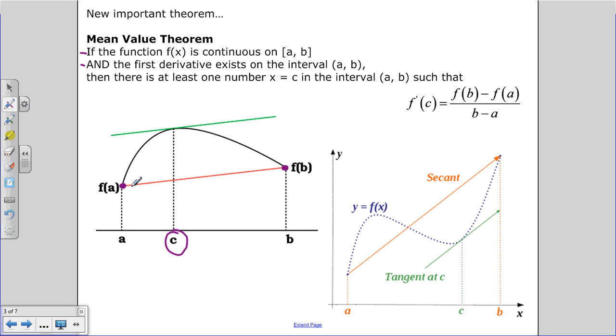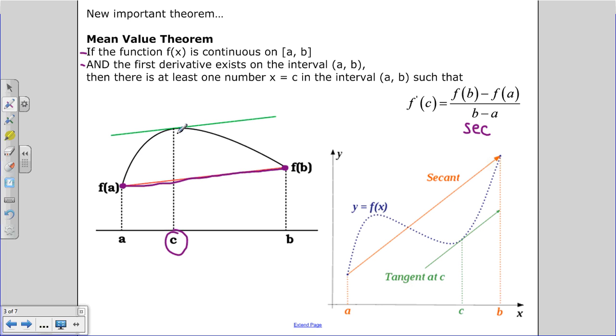So here, you can see this is your secant line that goes between a f of a and b f of b. So the slope of this is the right-hand side of this equation. It's just your change in y over change in x. And on your left-hand side, you have the slope of the tangent line. So at c, right, here's your function, black function up here.